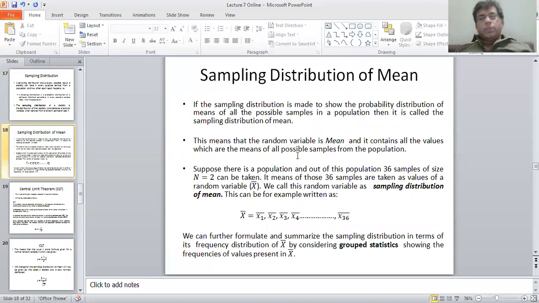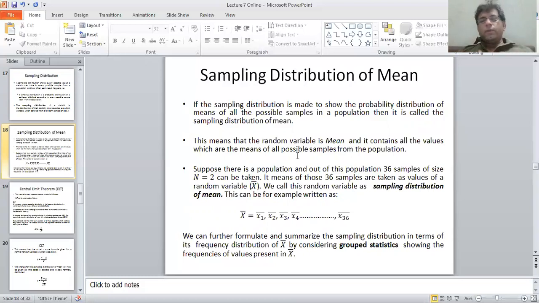Suppose I have a population and I can take out from that population 36 samples of same size, that is 2. Now I have got 36 samples from the population of size 2. Suppose, let's say I calculate any statistical parameter on those 36 samples.